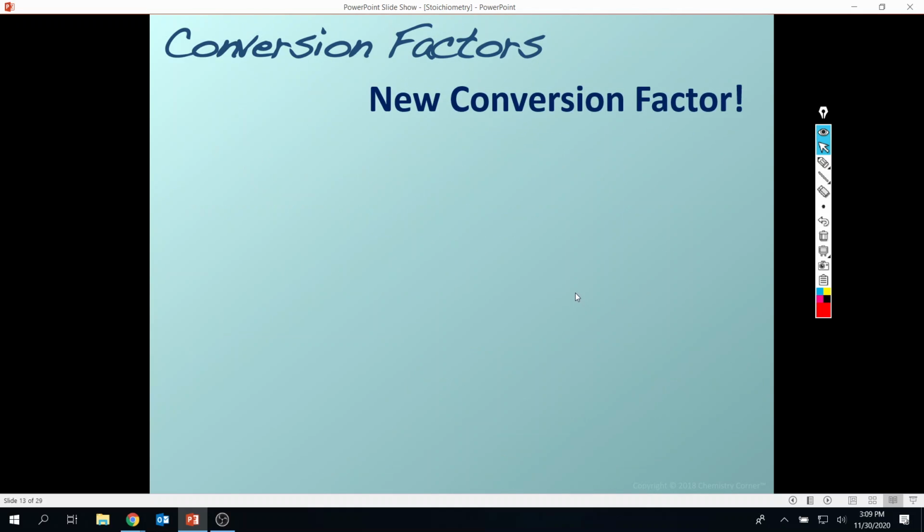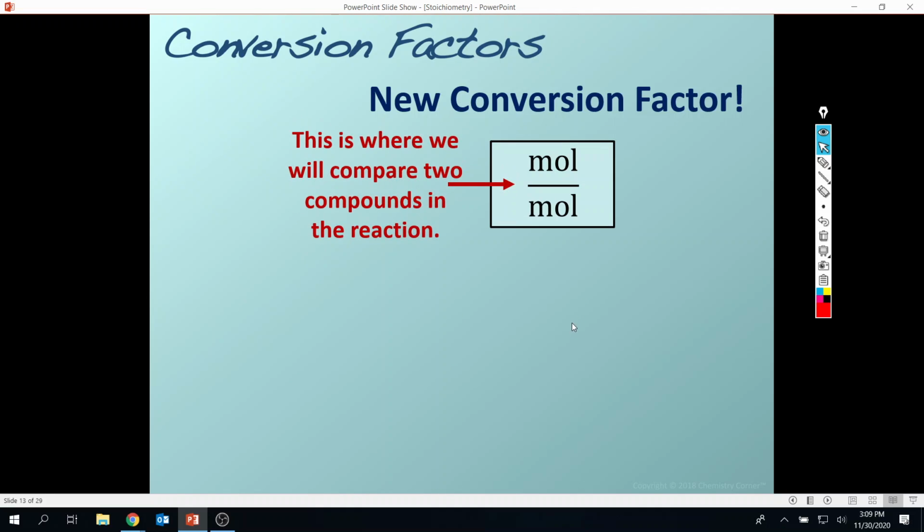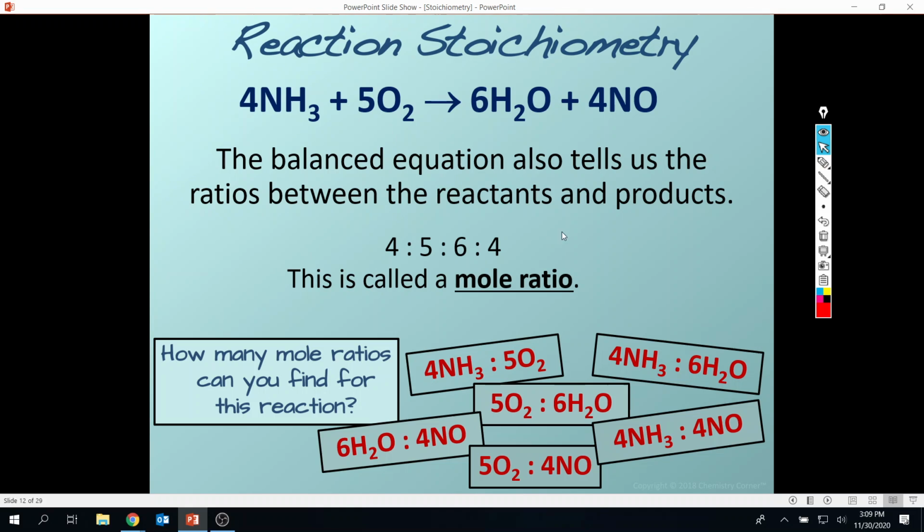Hey, we're gonna explore a new conversion factor. It's not really new. It's moles to moles. And where we get this is where we're going to compare the number of moles in one compound to the number of moles in another. And I've drawn this on the screen a couple of times already. Let's see, if I just click back real quickly. Hey, how many moles of water go with 4 moles of ammonia?